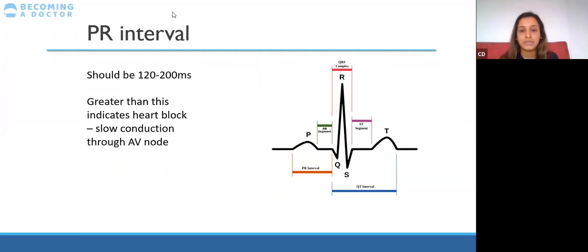Where did the 300 come from when 300 over 5 happened? It didn't come from anywhere. That's just a standard rule. That's just the way you do it. It's always 300 divided by the number of large squares. I don't know why. If anyone else knows, feel free to say.